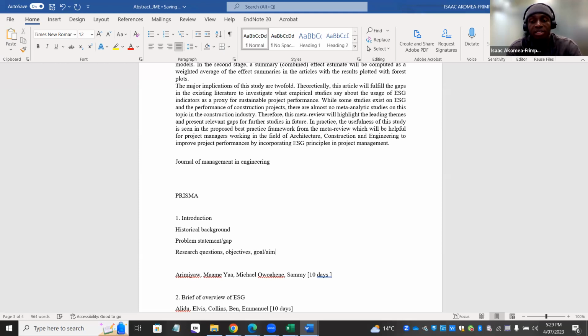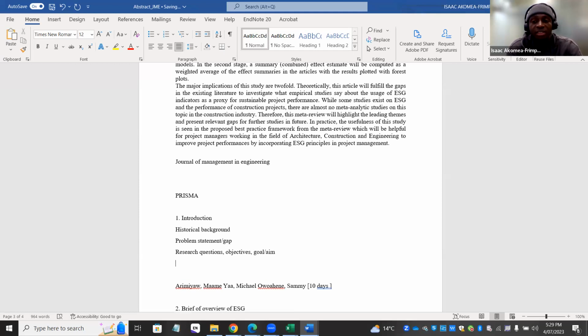Please do this, and then after this, you have to give us a brief on why this paper, which in normal research context we see as the implications or the contribution. This should be brief, because the expanded version of the contributions or implications of the study will come at the concluding parts of the paper.